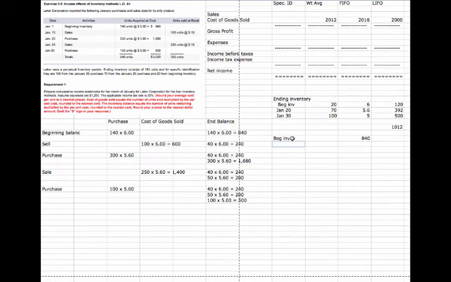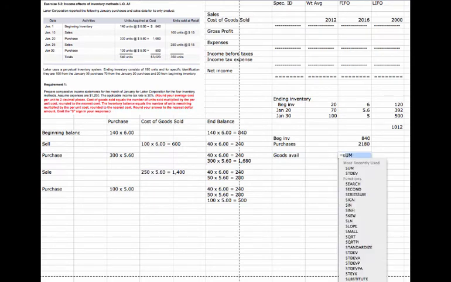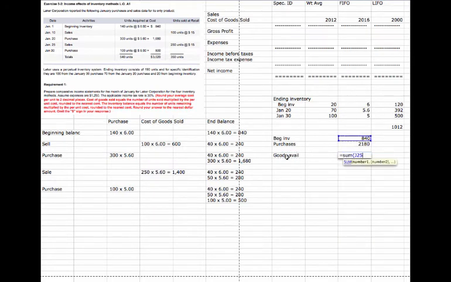Plus my purchases, and if I added up my 1,680 and my 500, which will give me $2,180, my goods available is going to be the sum of the two, or 3,020.